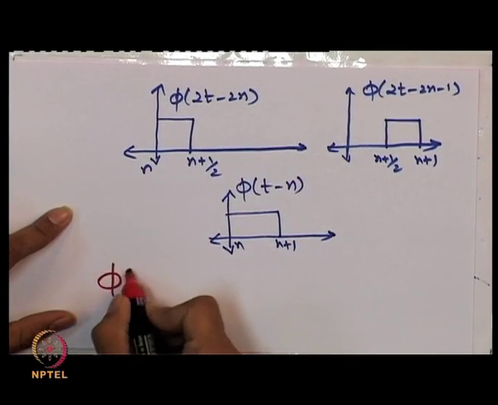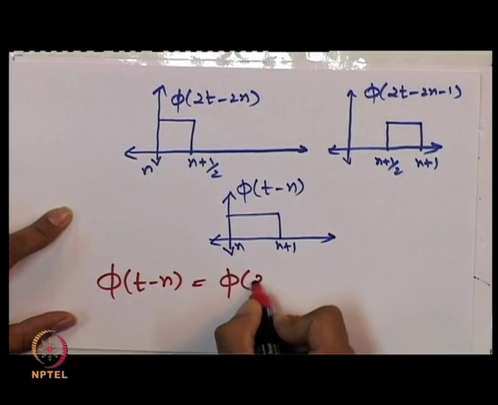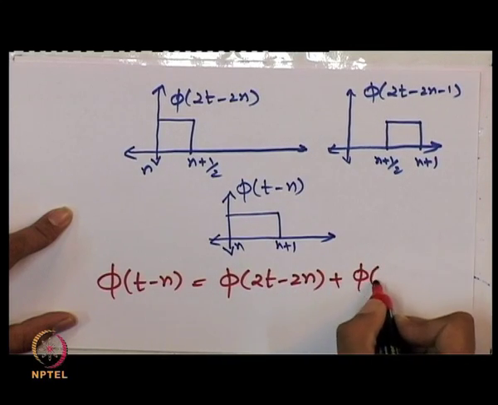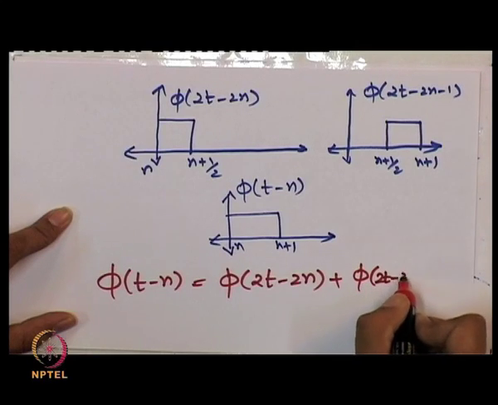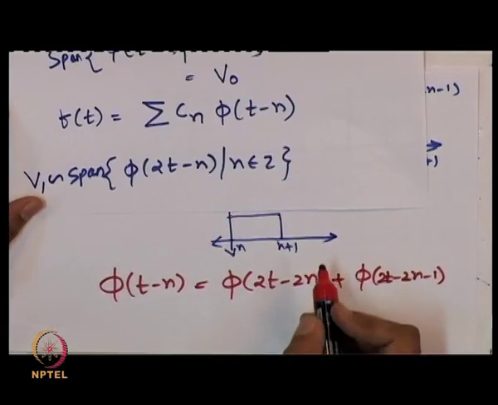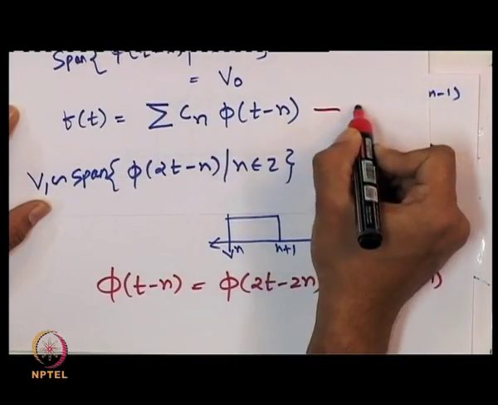Hence we can write phi t minus n is equal to phi 2t minus 2n plus phi 2t minus 2n minus 1. We will replace phi t minus n in this equation 1.